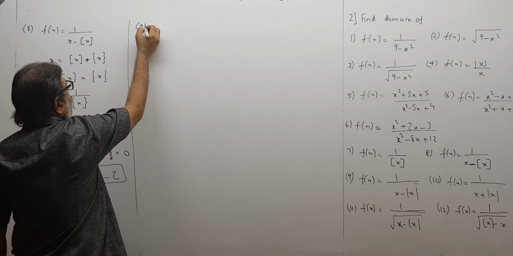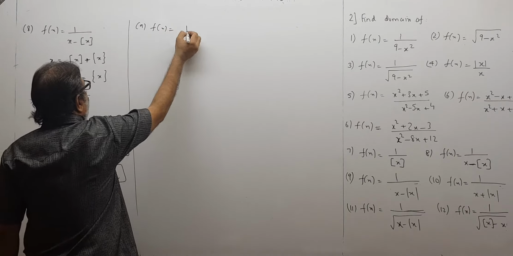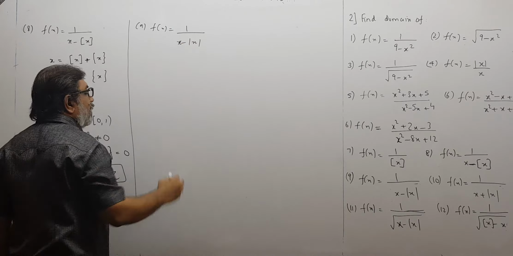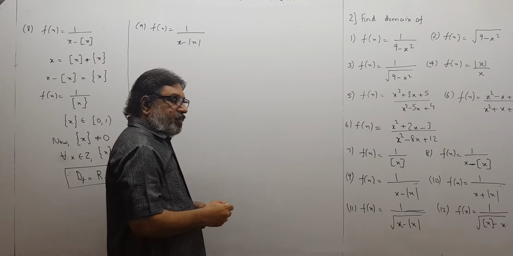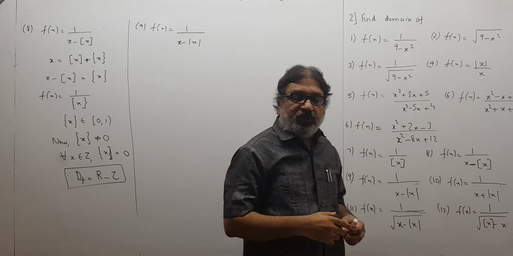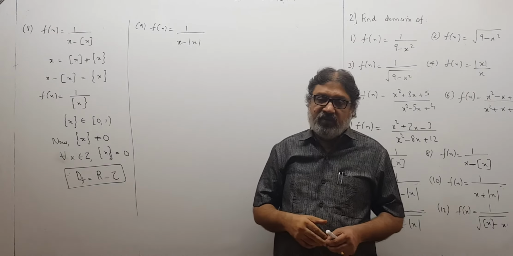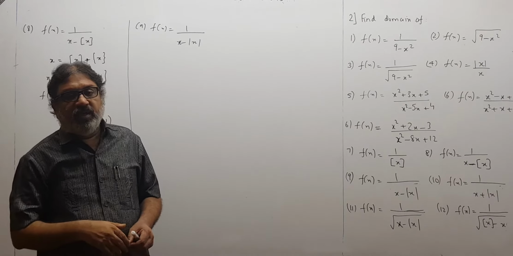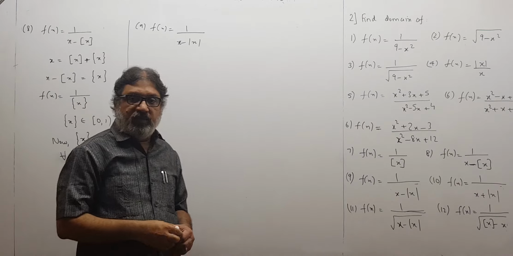9c, I have got f(x) equal to 1 upon x minus mod x. Now again, because it is in the denominator, it should not be 0. x minus mod x. So I will start thinking for what values of x will x minus mod x be 0.